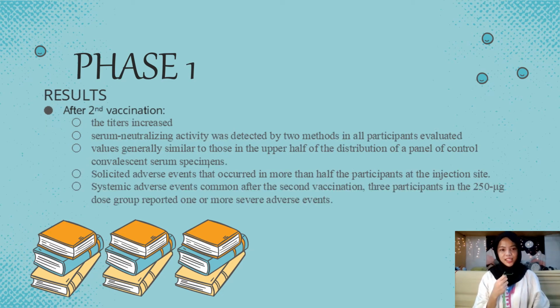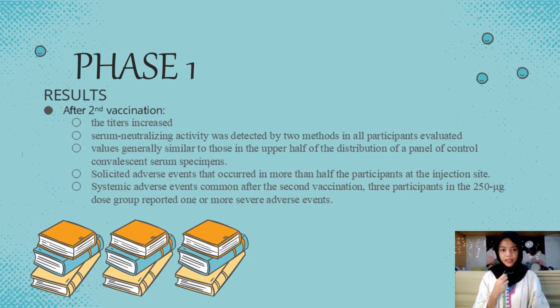After the second vaccination, the titers increased. Serum neutralizing activity was detected by 2 methods in all participants evaluated, with values generally similar to those in the upper half of the distribution of a panel of control convalescent serum specimens.